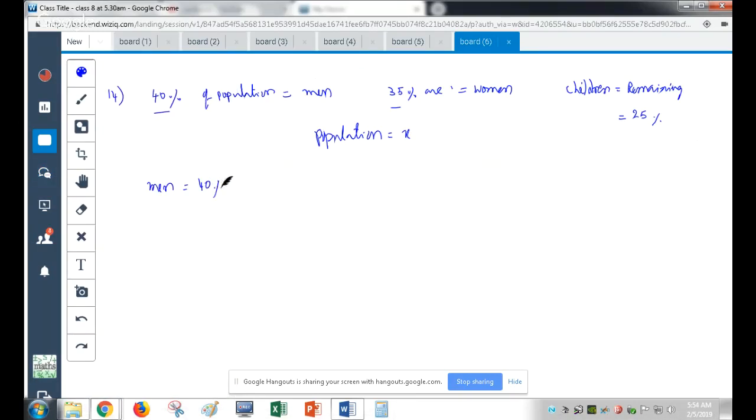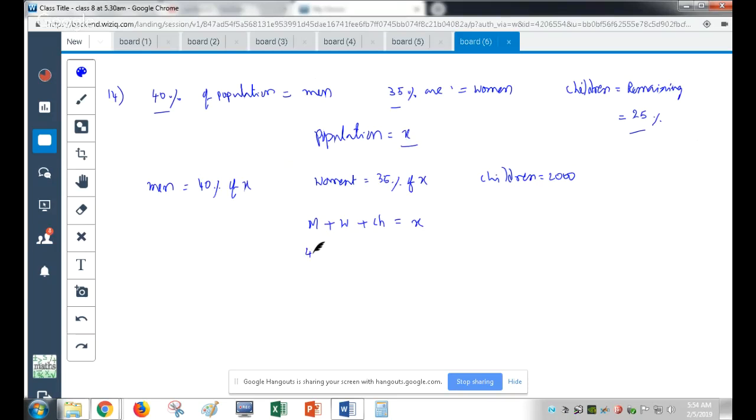So 40% of X. And women 35% of X. And children 2000. I am not using this 25%. So then men plus women plus children is equal to X. This is the total population.